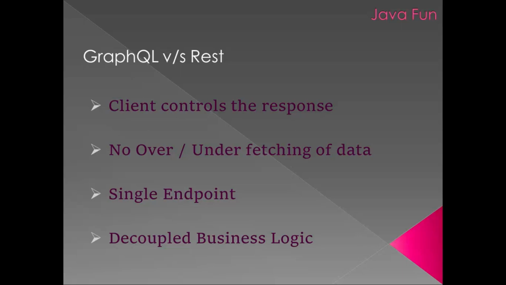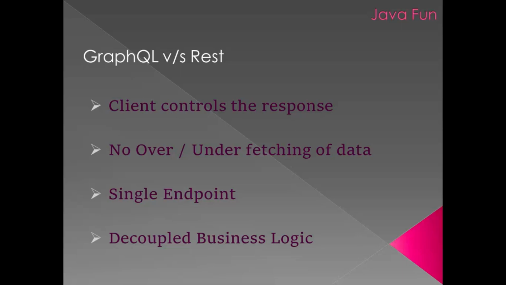Then the one major difference between REST and GraphQL is that GraphQL only works with a single endpoint. In the REST world, for each and every specialized thing, we create an endpoint and define those as part of our controllers, Spring MVC or Jersey, all those kinds of things. But in GraphQL, there is a servlet, and that servlet defines a single endpoint, and all the functionalities that we want to expose get exposed via that single endpoint.